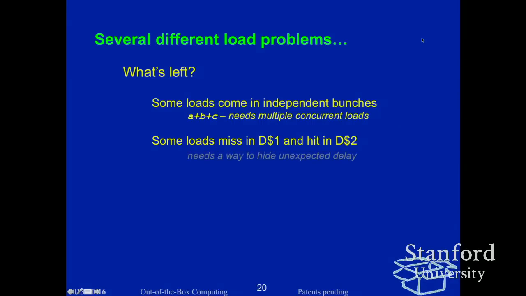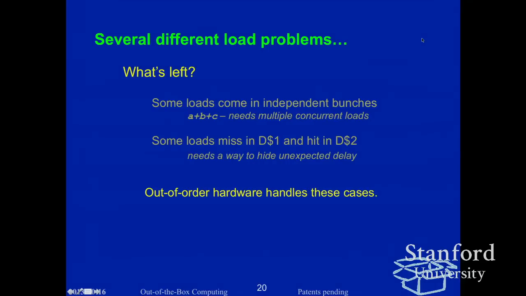Second case. It's a way to hide a relatively small quantity of unexpected delay. Both hardware and software approaches may be able to find 7 operations to perform, but it's not going to find 200 operations to perform while waiting for a DRAM hit.